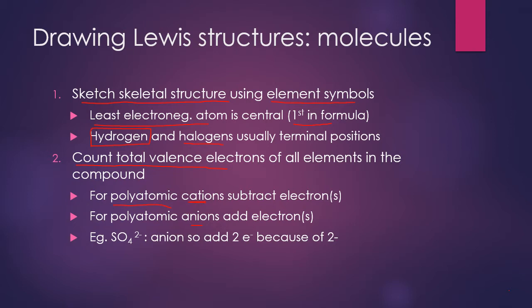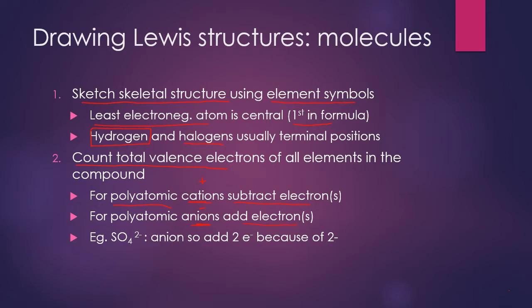If it's a cation, so if it has a positive charge, you're going to subtract that number of electrons. If it's a polyatomic anion, so if it has a negative charge overall, you are going to add electrons.